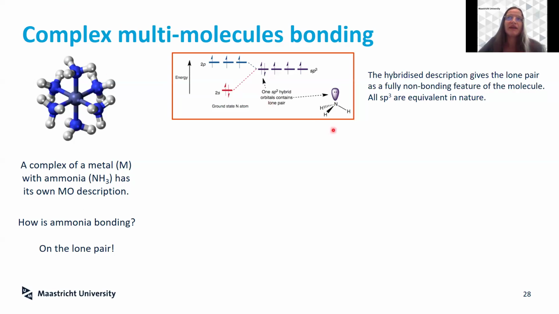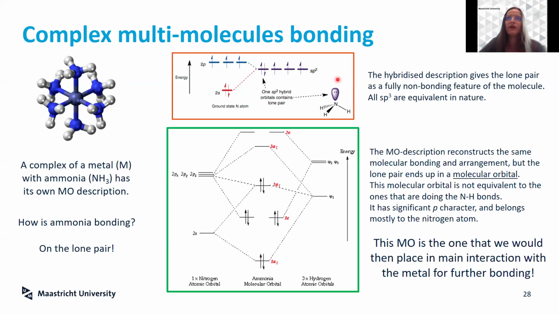If you do it with the hybridized description, so you use the sp3 hybrids, you do the three-dimensional shape of ammonia, the lone pair goes up because it wants to be as far away as possible from everything else. All of the sp3 are equivalent in nature, and that lone pair is over there by itself. When you actually do the molecular orbital diagram, you can see the complexity of trying to do the splitting, and you can see here that since we're using nitrogen and hydrogen, you have the sp mixing.